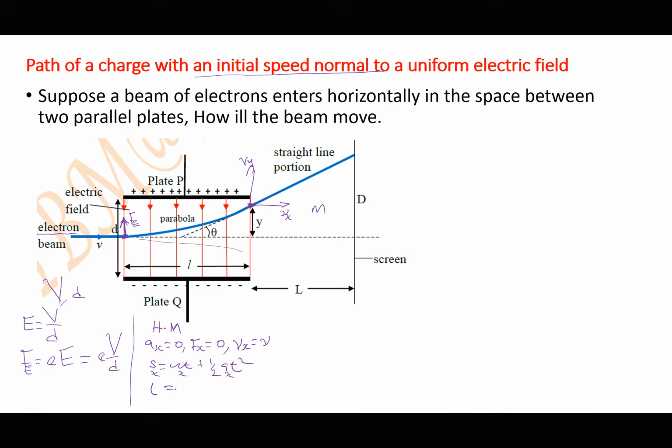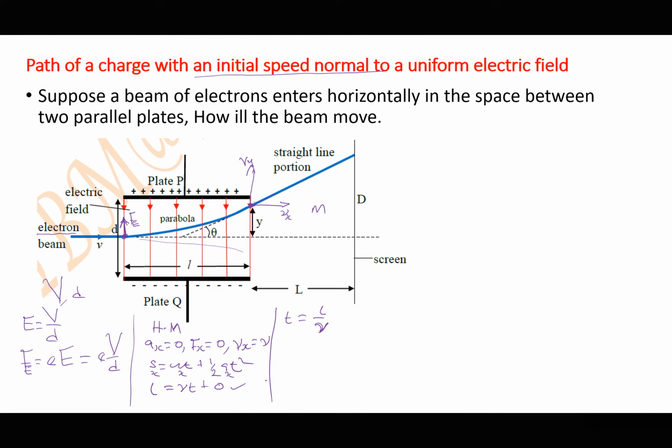So this will be L. The initial velocity in the horizontal is V, times the time it takes, t, plus zero because the acceleration in the horizontal is zero. So we are trying to show that the time it spends between the plates is L divided by the velocity before it entered the plates. The time between the plates is simply L divided by V from this expression here.